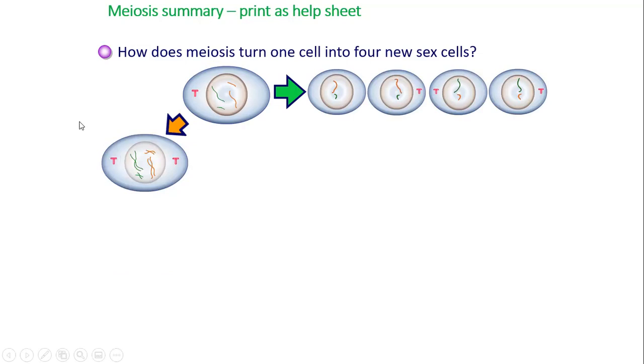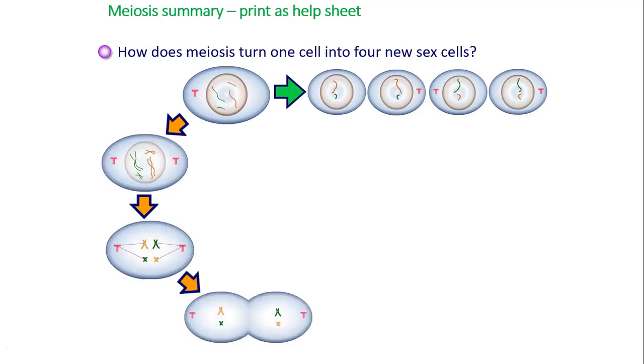So the first part is very similar to mitosis because we duplicate the chromosomes. The chromosomes align in the middle. The spindle fibers attach at the centromeres. They get pulled to either side of the cell. The cell then goes through cytokinesis, and we have 2 cells that have the same amount of DNA as the first cell.